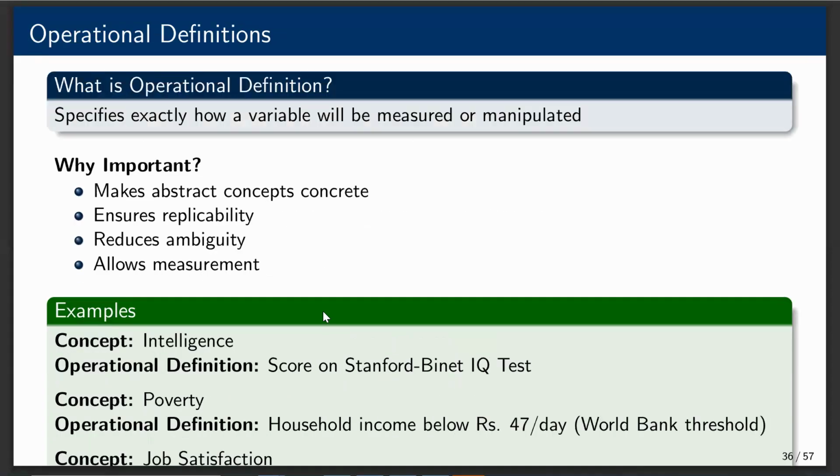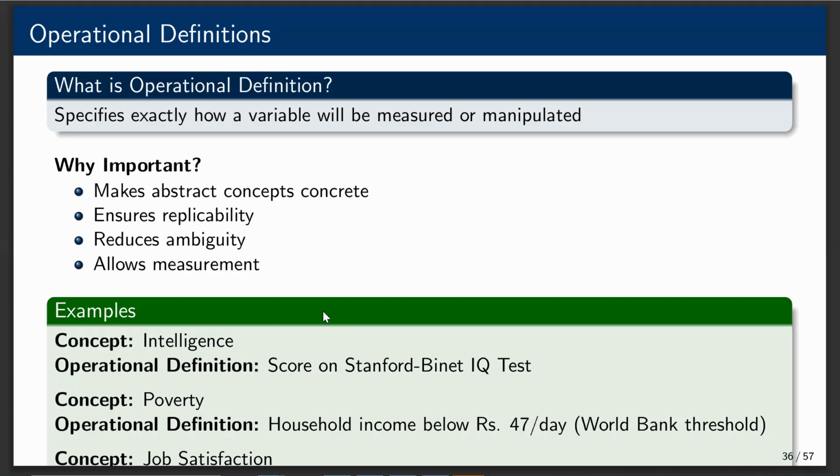Then operational definitions. What are operational definitions? You should specify exactly how a variable will be measured or manipulated. Why is it important? You make abstract concepts concrete, ensure replicability, reduce ambiguity, and it allows measurement.